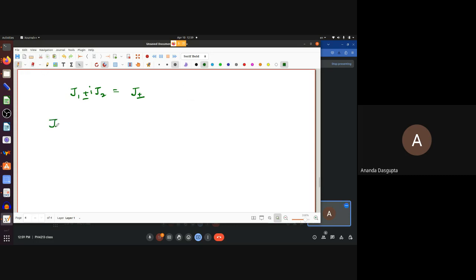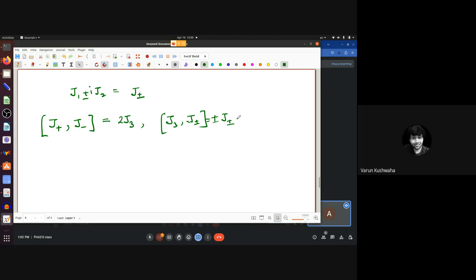What is the J plus J minus commutator? And J3 commutes with J plus minus. Is this okay? Well-known stuff, right? Yes, yes, yes.